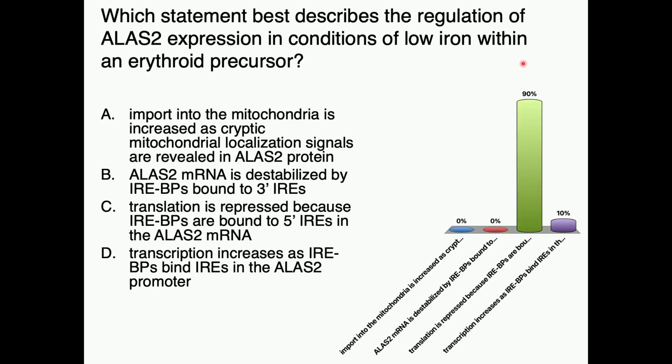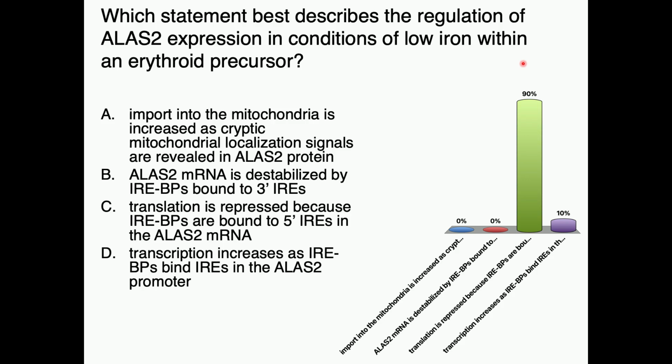Okay, so if you remember ALAS2, there were iron regulatory proteins bound to hairpins on the mRNA at the 5' end. In the absence of iron, those proteins would prevent ribosomal access to the message. And when iron bound to the protein, it would be released and the ribosome would have access to the ALAS2 transcript, right?